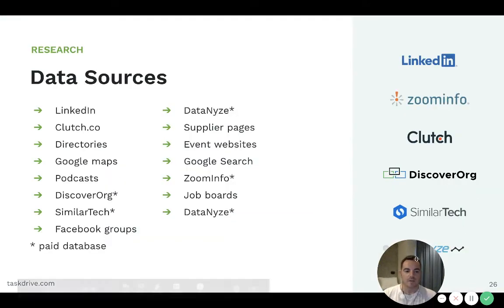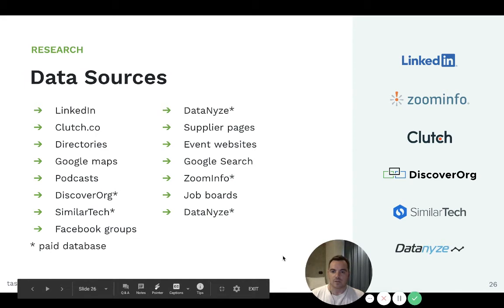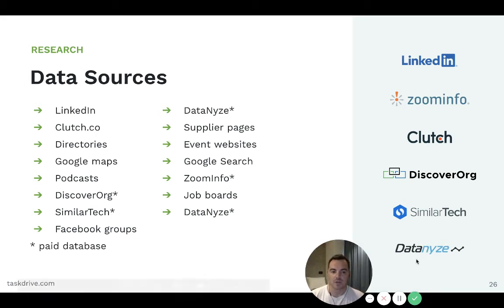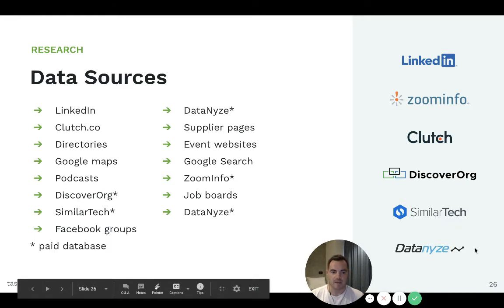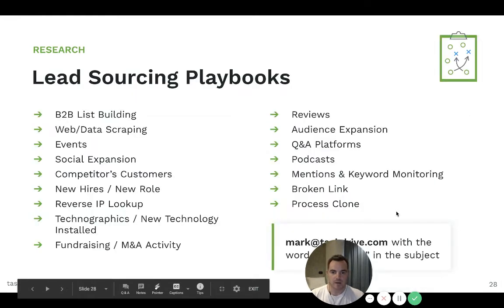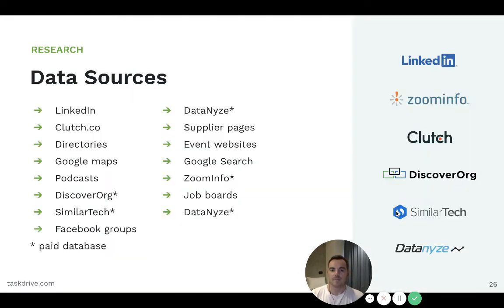When you're thinking about research, there's a number of different data sources that you can use. Some are free, some are paid, some may even be freemium. But when you are looking at these, have a look at where your audience is going to be. So LinkedIn is a great source for up-to-date data, but you may want to look at Clutch if you're targeting agencies.